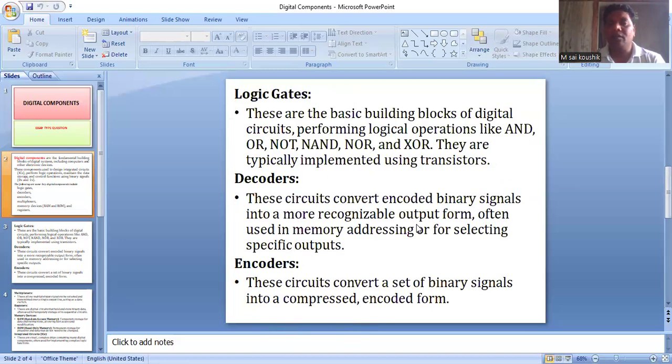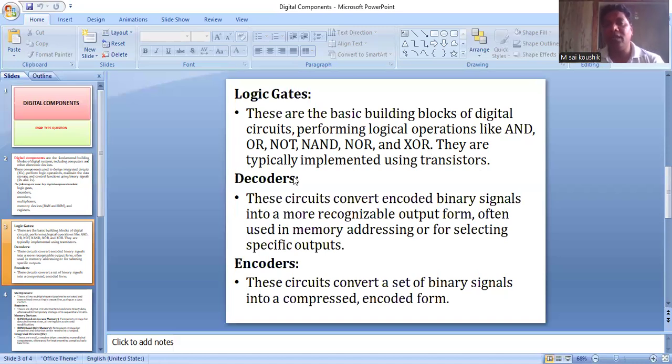So I'm going to explain everything in detail, starting with logic gates. You have full experience about this word and topic. These are the basic building blocks of digital circuits performing logical operations like the AND gate, OR gate, NOT gate, NAND gate, NOR, and XOR gate.